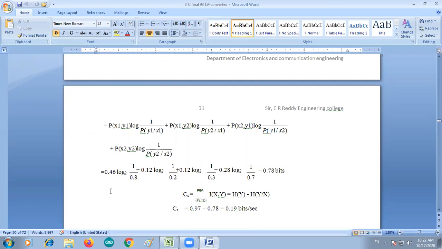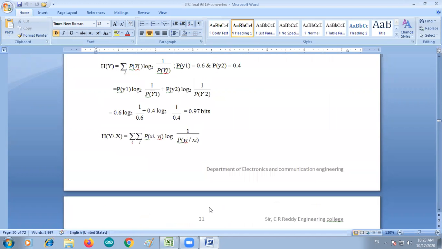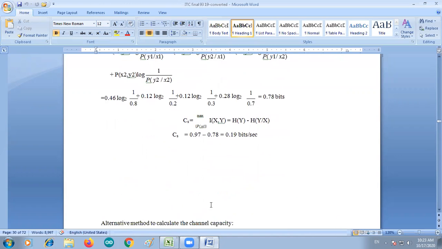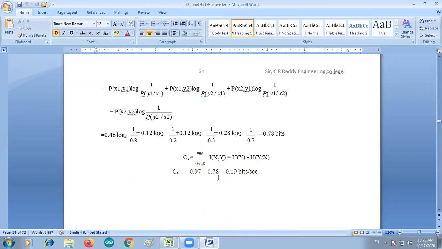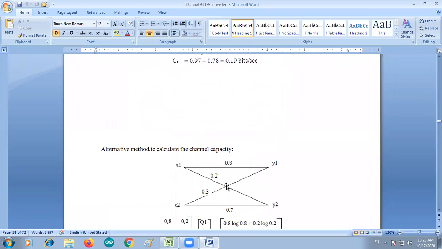Now you know that channel capacity I of x comma y is equal to H of y minus H of y by x, because I of x comma y is the mutual information, that is equal to H of y minus H of y by x. H of y is calculated, this is 0.97. Now 0.97 minus 0.78, that is 0.19 bits per second.